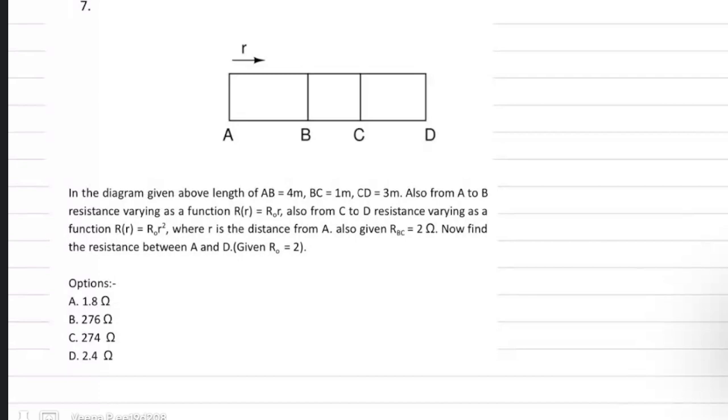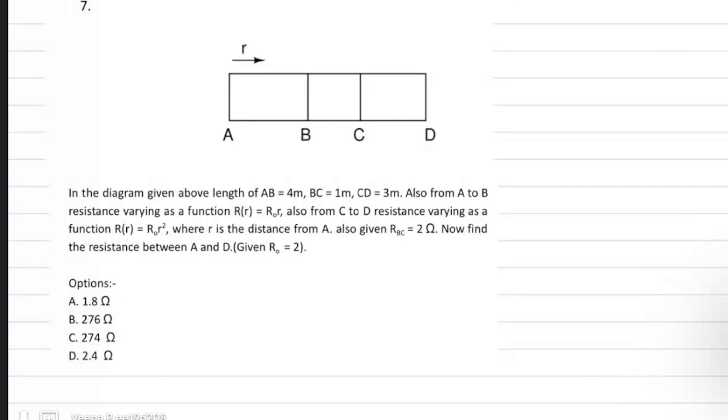From 0 to B, the resistance is not constant. It is a function like this. But from B to C, it is fixed at 2. And from C to D, it is a parabola. Now, you are asked to find what is RAD.